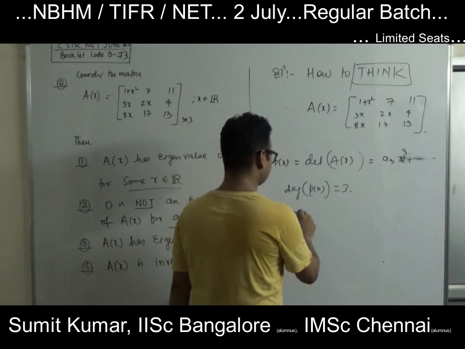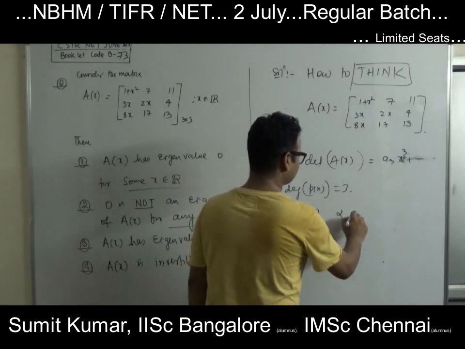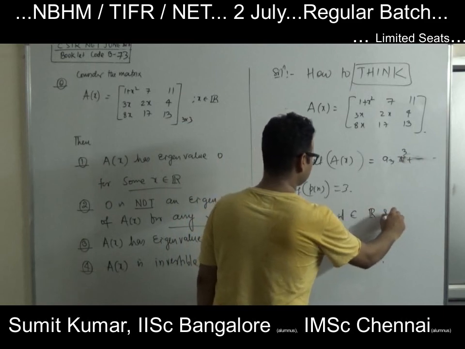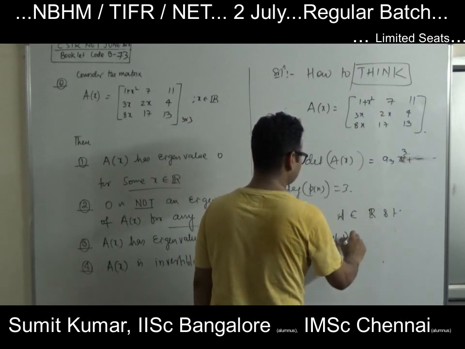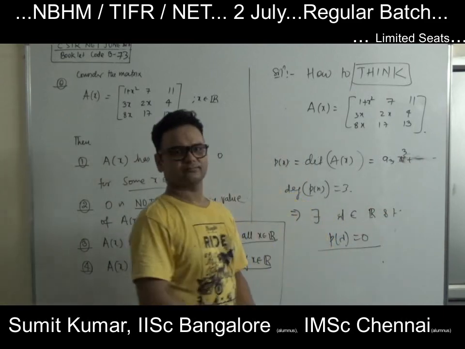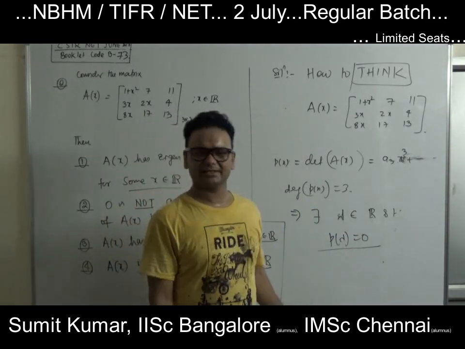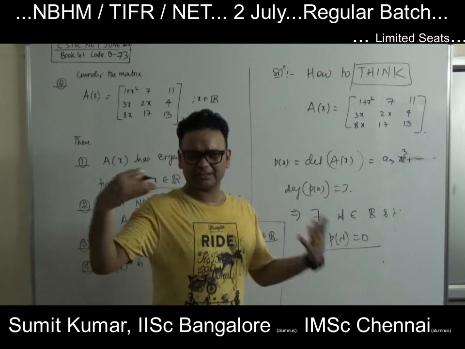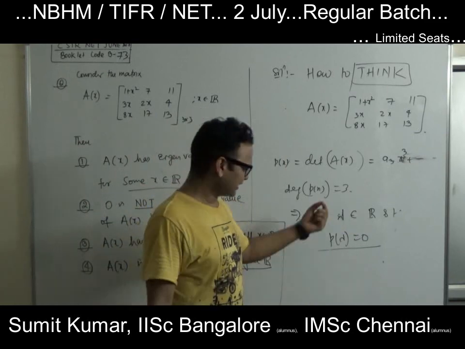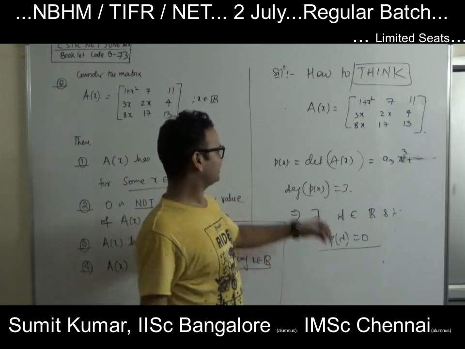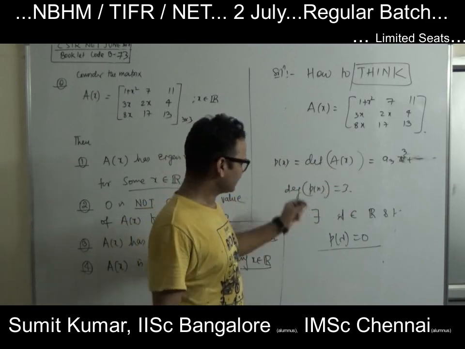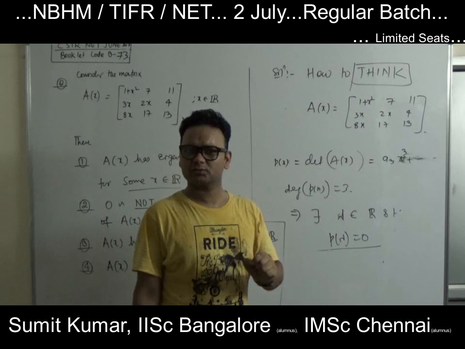That implies there exists lambda belonging to R such that p(lambda) is going to be 0. There will be at least one real root for which p(lambda) is 0. And how many real roots exist? Either 1 or 3, because the degree of this polynomial is 3. So there will be at least one real root.